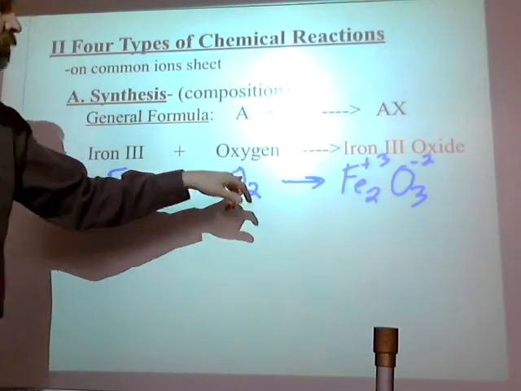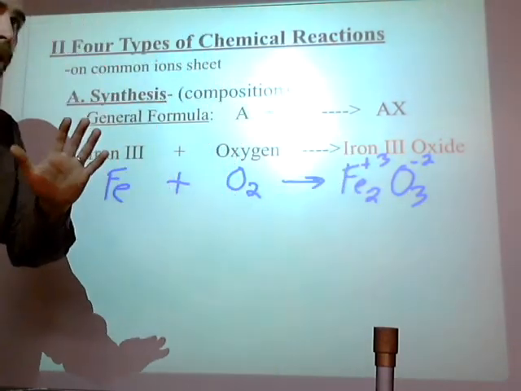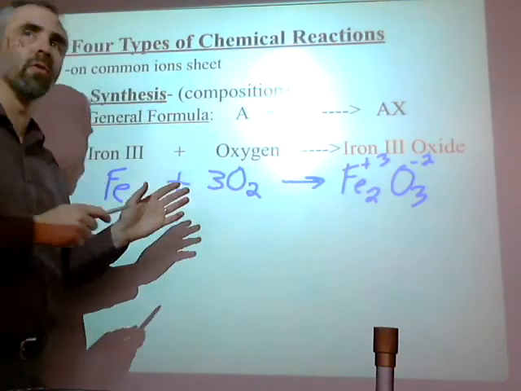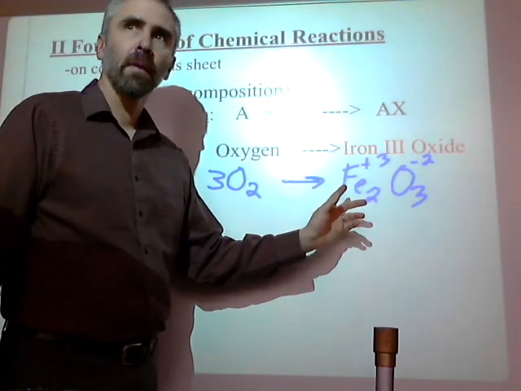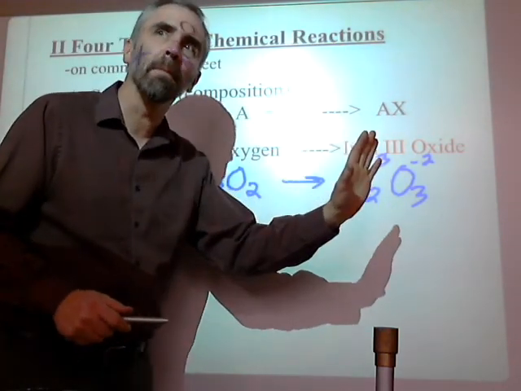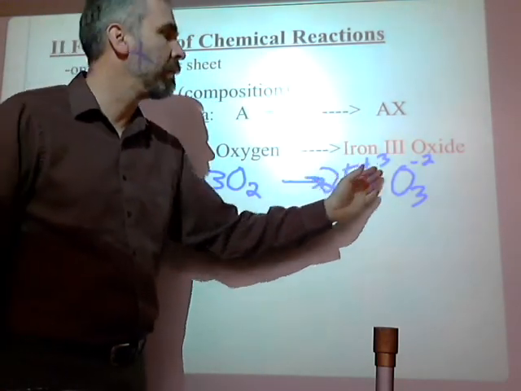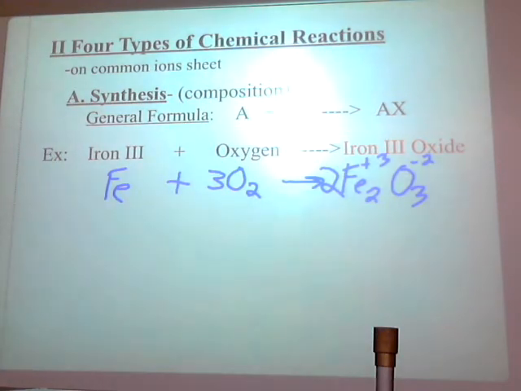But anyway, what will I do? If I've got 2 there and 3 there, what am I going to need? I can only use coefficients now. A 3 in front of here will give me how many O's now on this side? 6. What will I need in front of this one? A 2. Look where I put it, right there in front of the whole compound. Not in between. That's just as bad as changing the subscript. That gives me 6 oxygens.